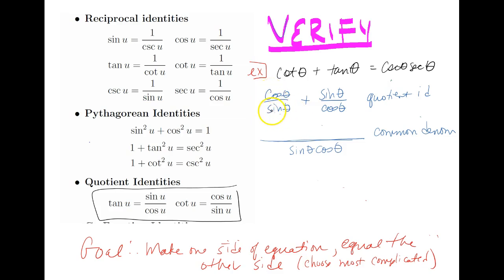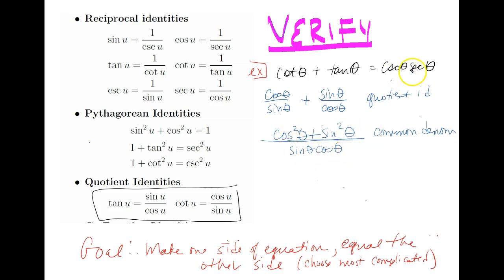So what did I multiply sine by to get this? Well, I multiplied it by cosine, which means I need to multiply the top by cosine. So what's cosine times cosine? Cosine squared. I'll recopy my plus. Same thing here. What did I multiply this cosine by to turn it into that? Well, I multiplied it by a sine. So I need to multiply the top also by sine, and that's what you're looking at.